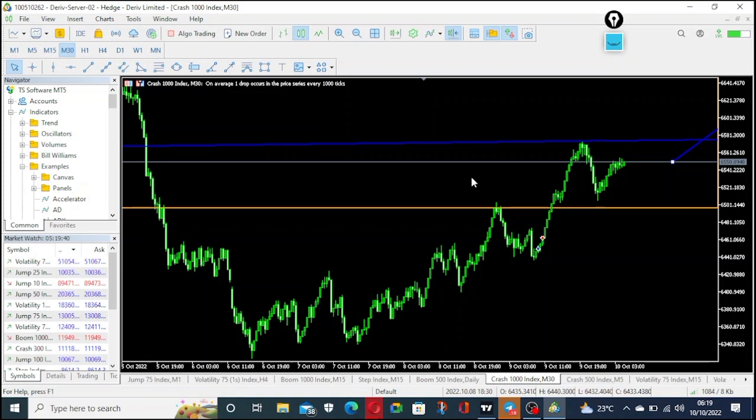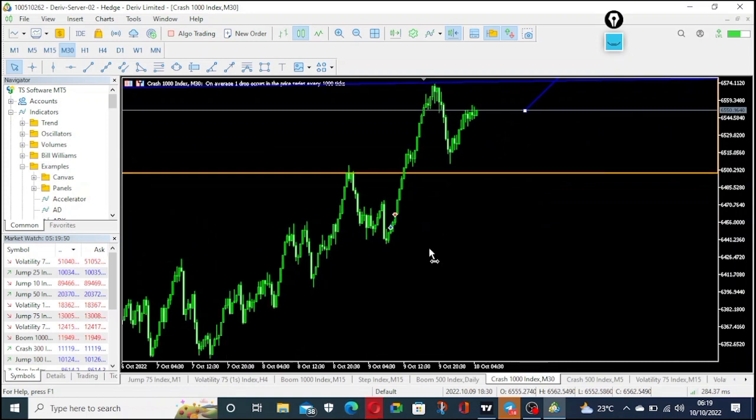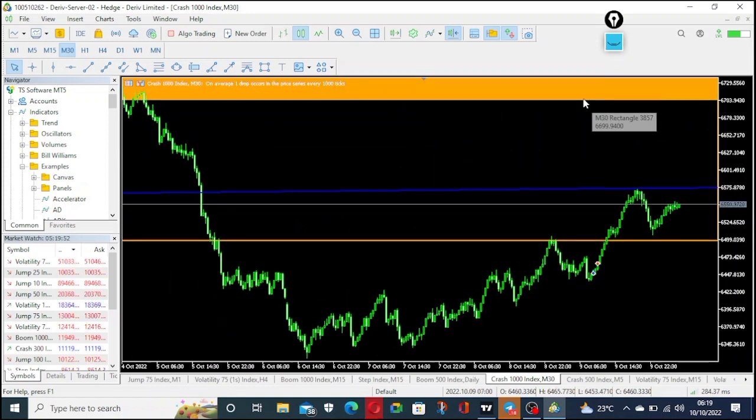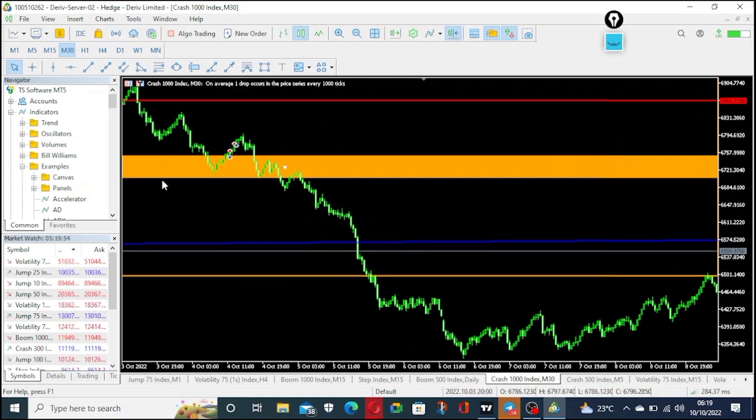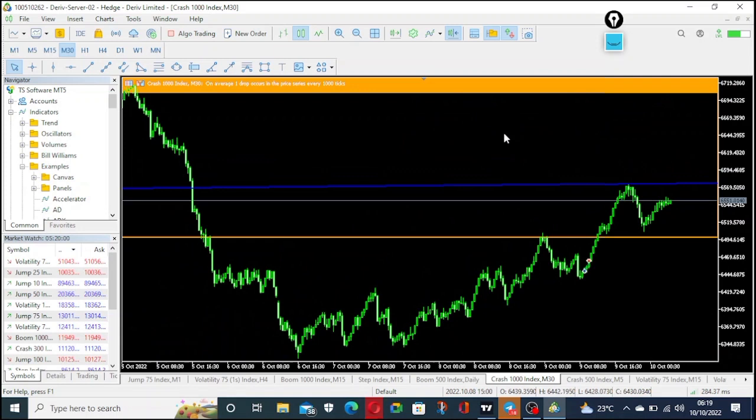As we see, it has been giving us this pattern here, higher highs and higher lows, so we expect it to continue up to this level before pushing to the downside.